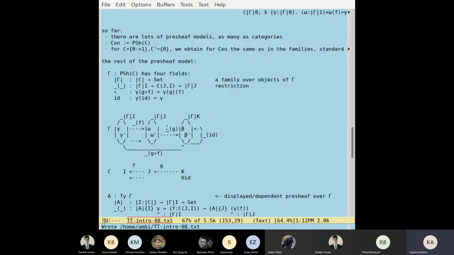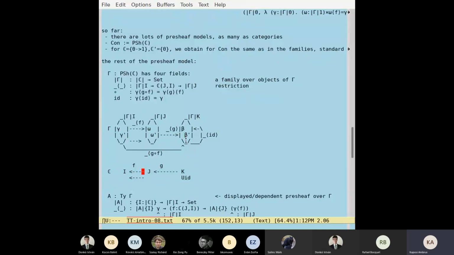So in the context of the presheaf model, there are these families, these sets, right? There I have lots of sets instead of just one set, as in the standard model. I have lots of sets, and I also have maps between these sets, and these maps are prescribed by the category.